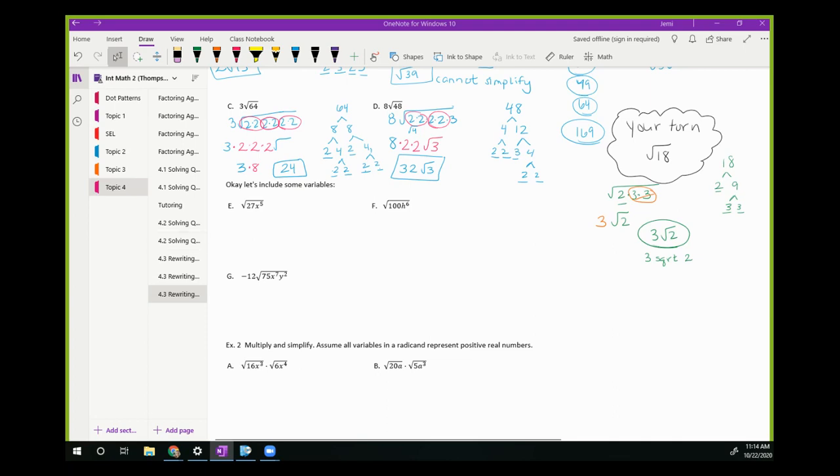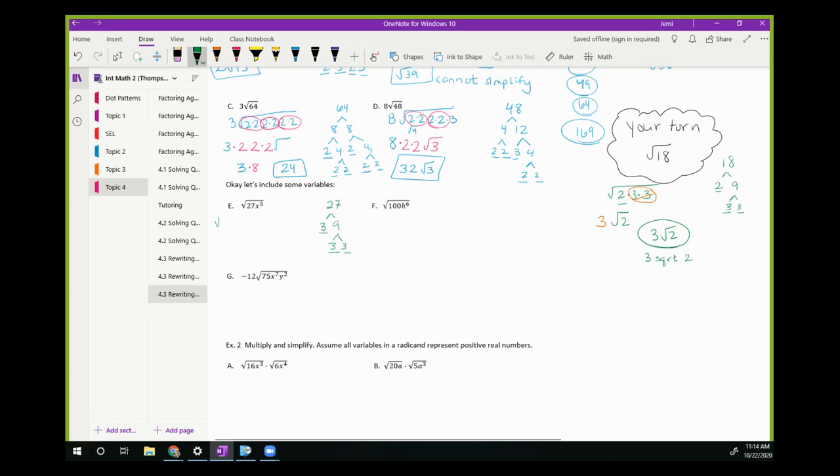All right. So for E, I'm going to do the factor tree for 27. Break this down. Well, the only things I can choose are 3 and 9, and 9 is just 3 and 3.